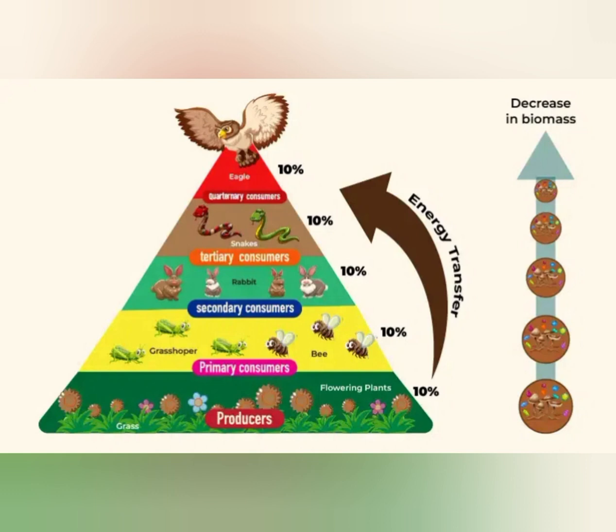So this diagram is pyramidal in shape, and at the bottom you will see the first trophic level, which consists of the producers. The producers are those organisms which manufacture their own food by obtaining energy from the sun, and the minerals, water and gases.